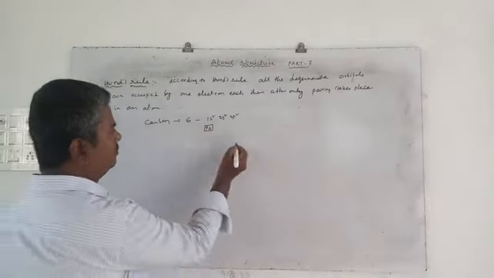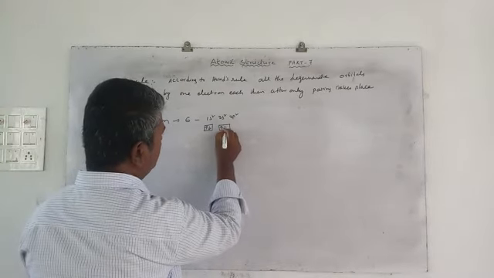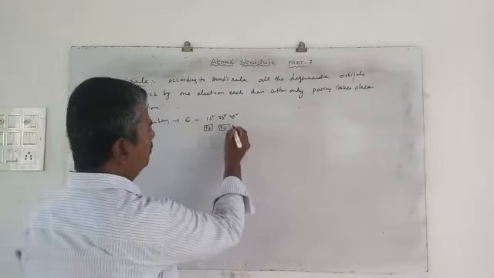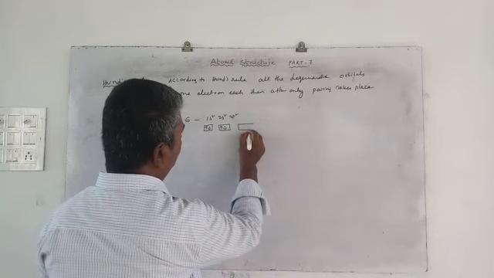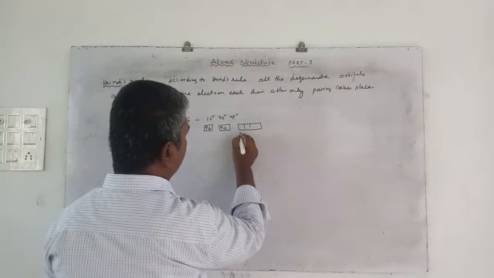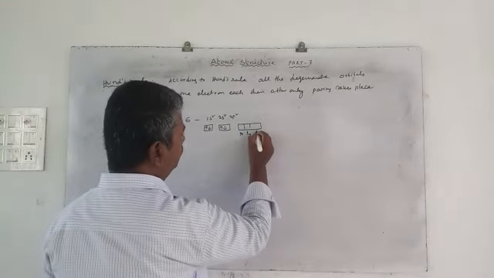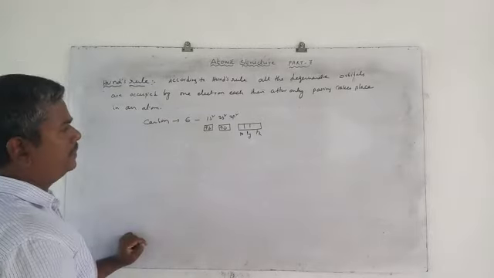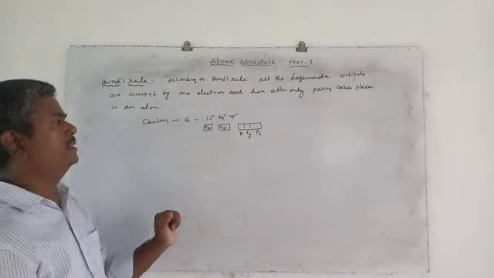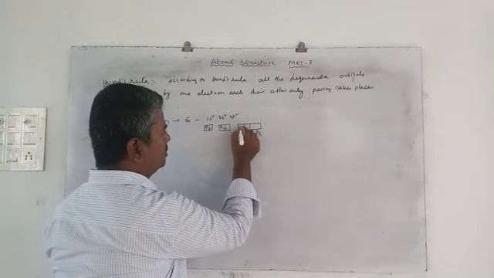That means the 1s orbital consists of 2 electrons, 2s consists of 2 electrons, whereas 2p consists of 3 degenerate orbitals: px, py, pz. Clear? So in 2p, how many electrons are there? 2 electrons.